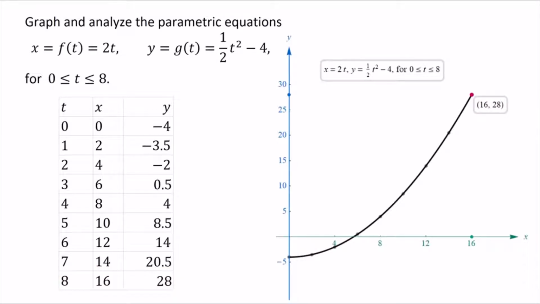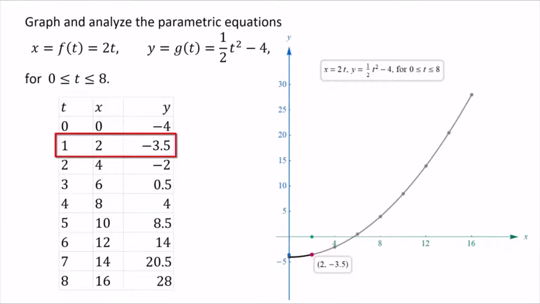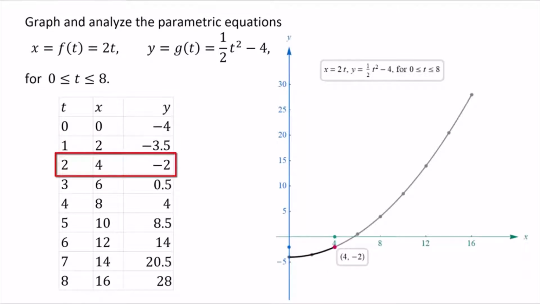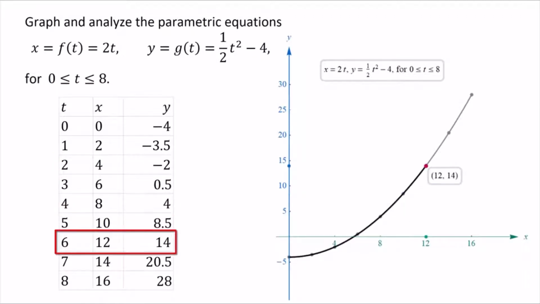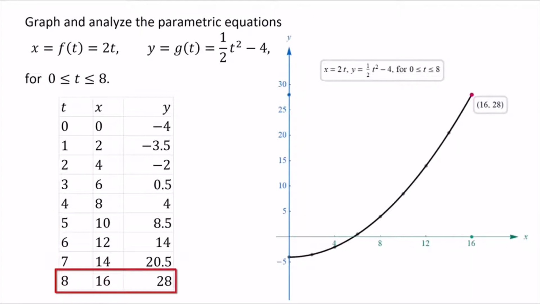Using the interactive figure, we can highlight the remaining table data and locate the points (x, y). For example, t equal to 1 corresponds to the point (2, -3.5), and the point t equals 2 corresponds to (4, -2), and so forth, all the way up to t equals 8, which we know corresponds to the point (16, 28).